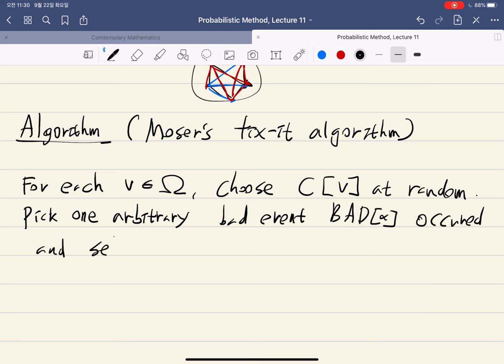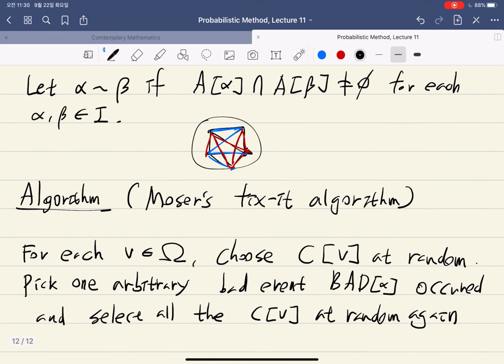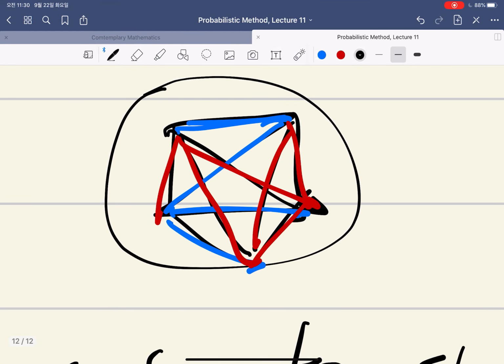And now what we do is we select all the C of v at random again. What it means is that in here, you have this bad event, a red triangle.